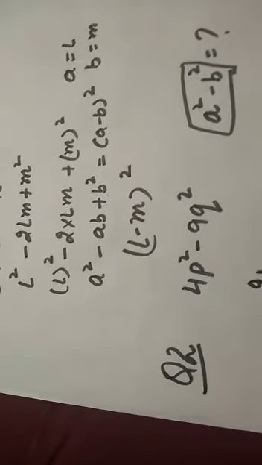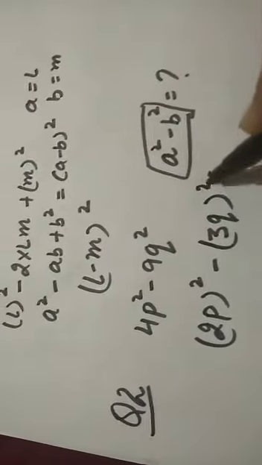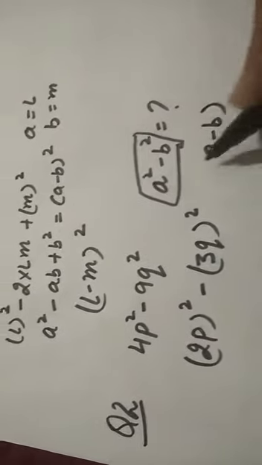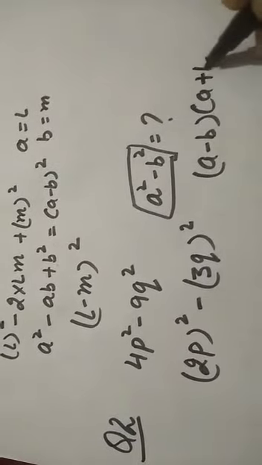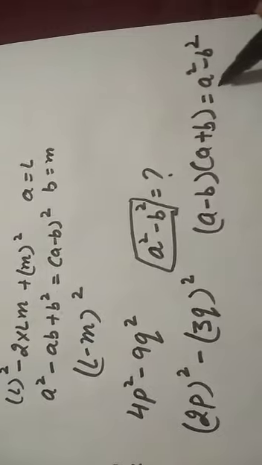This is 2p square minus 3q square. The identity is a minus b into a plus b, which is equal to a square minus b square.